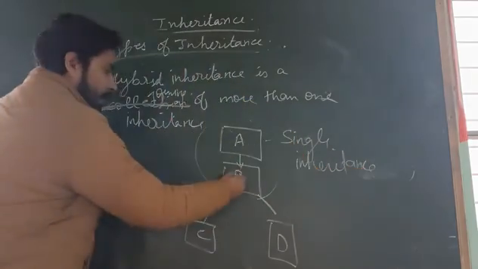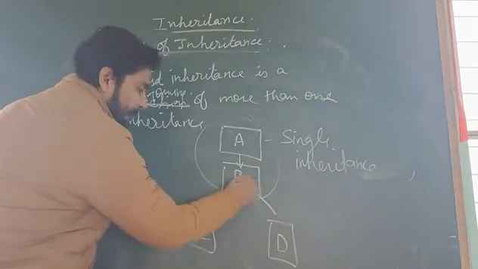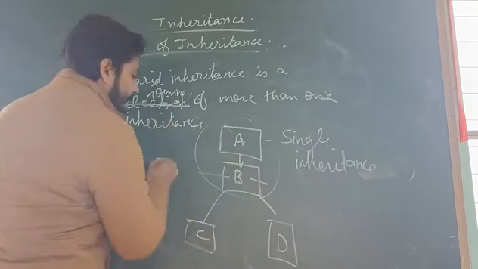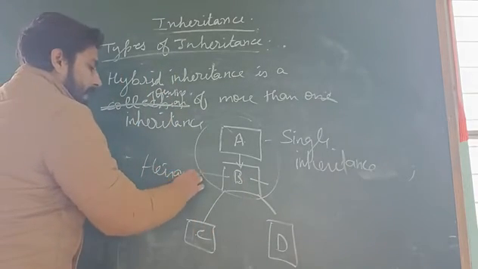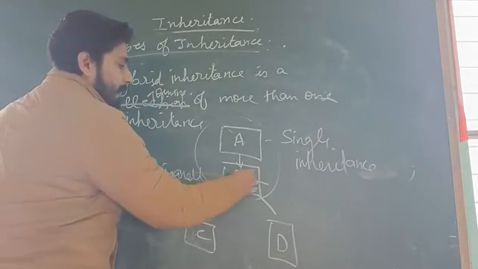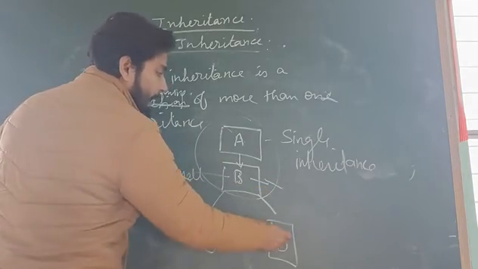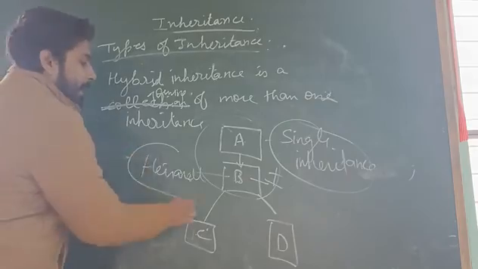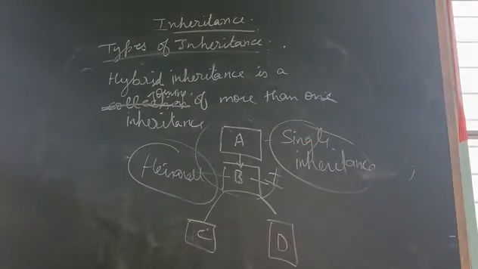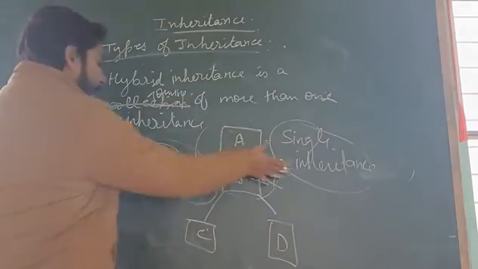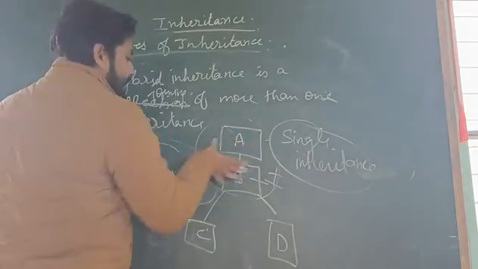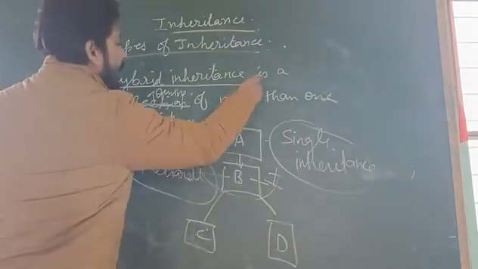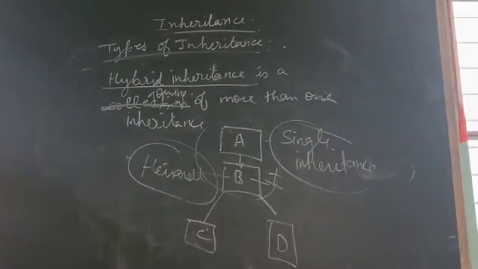And when we talk about B, C, D, this is hierarchical, because it has one base class and two derived classes. So we have two types of inheritance, single and hierarchical. When two inheritances are combined together, they form hybrid inheritance.